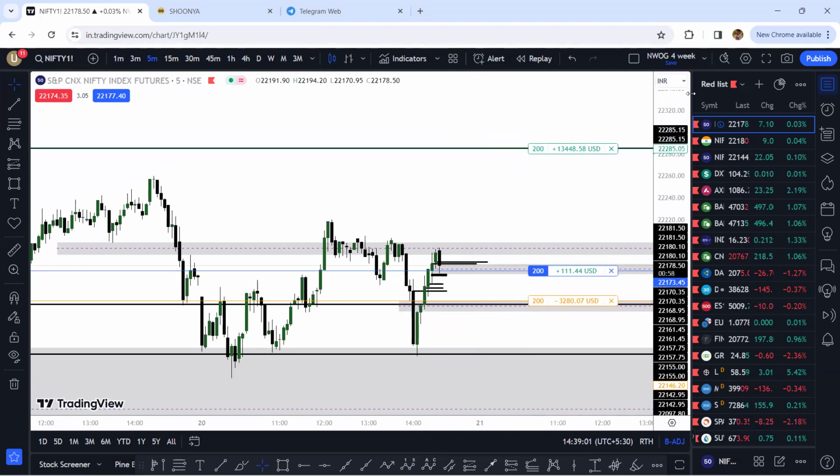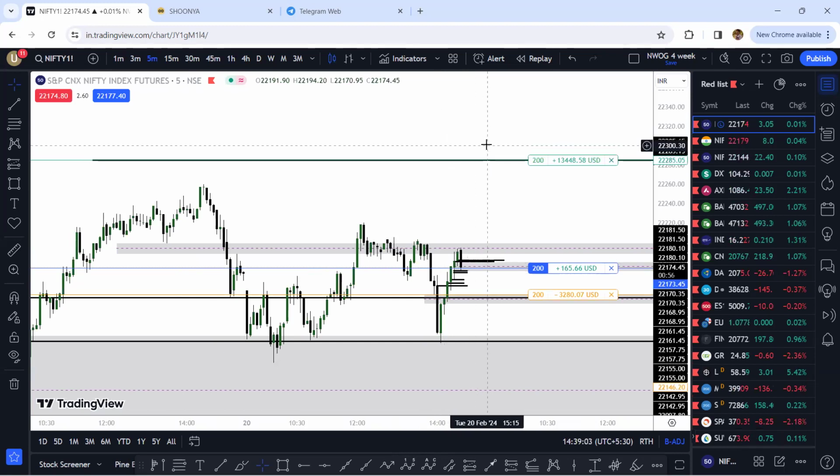So I need to look for that. Yes, so we can actually hold it till here. I'm waiting for that unstoppable move as of now.